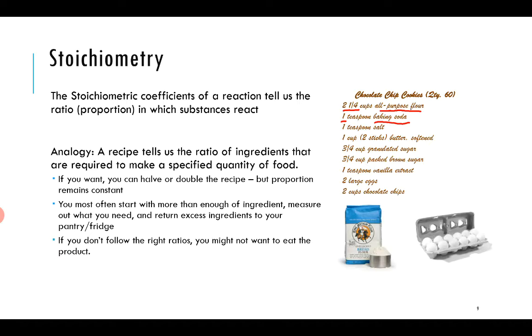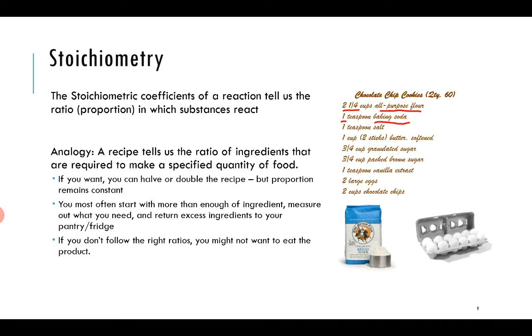If you use 1 cup of salt, for instance, your chocolate chip cookies would not taste right. So you might own more than the required amount of salt. You most likely do own more than 1 teaspoon of salt, but you don't use all the salt at once. You use only like 1 teaspoon of it.